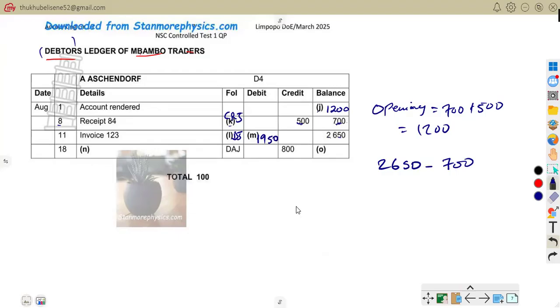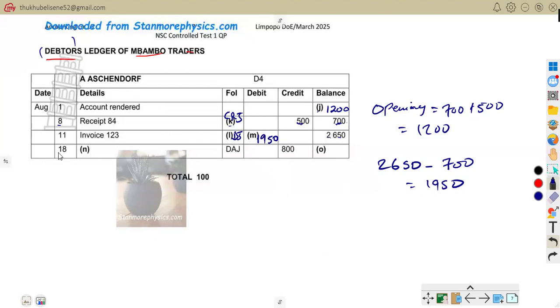So that is that. So remember, we have said I is DJ, debtors journal, used for credit sales when we sold our goods on credit. So now we need to know the amount, which is 1,950.